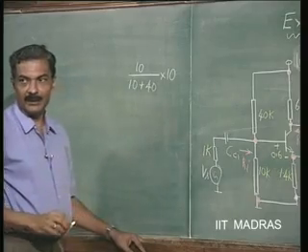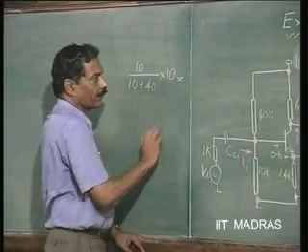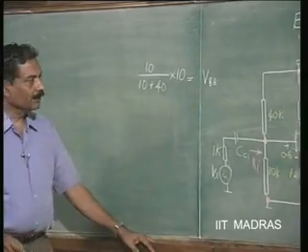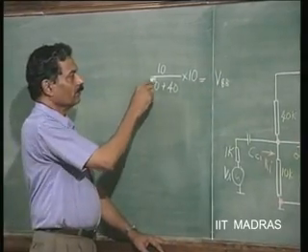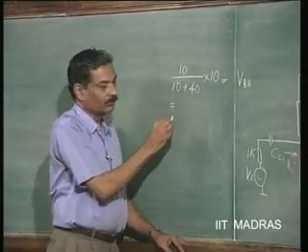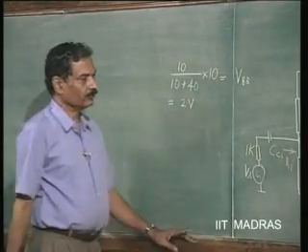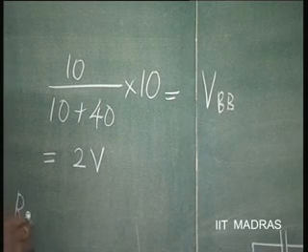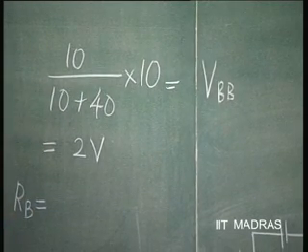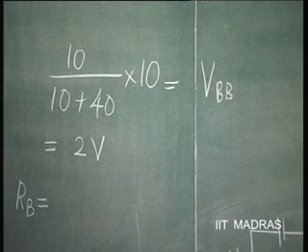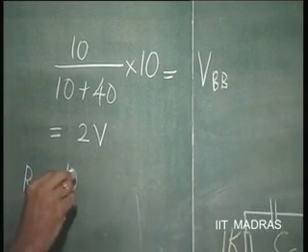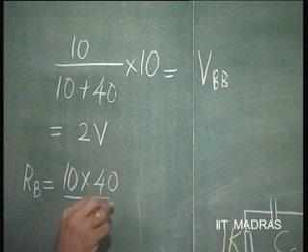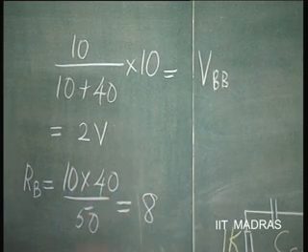That is the Thevenin's voltage, which we have been calling VBB. In this case, this comes out as 2 volts. And the Thevenin's resistance, which we have been calling RB, which comes in series with these 2 volts, is 10K parallel 40K, which is 8K.